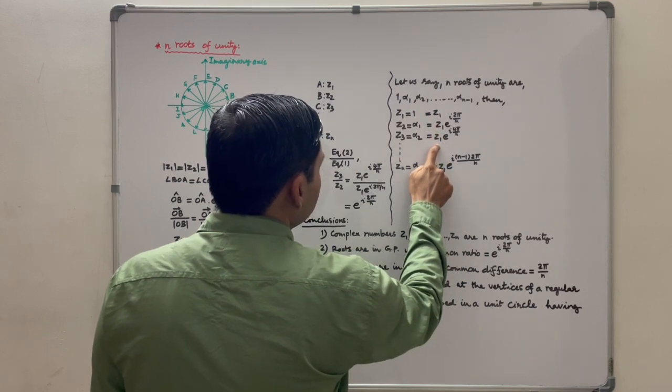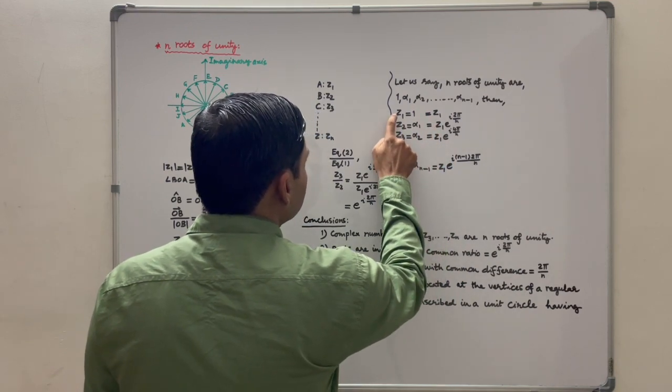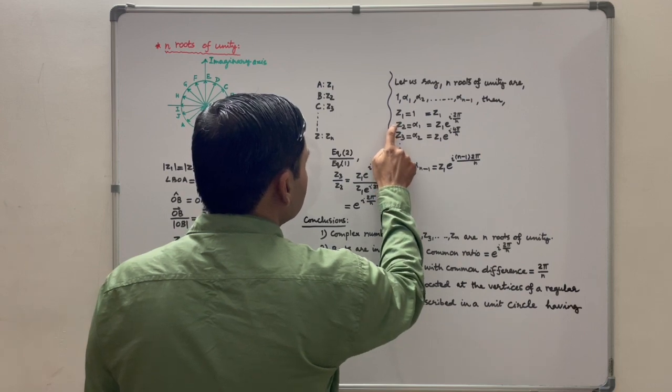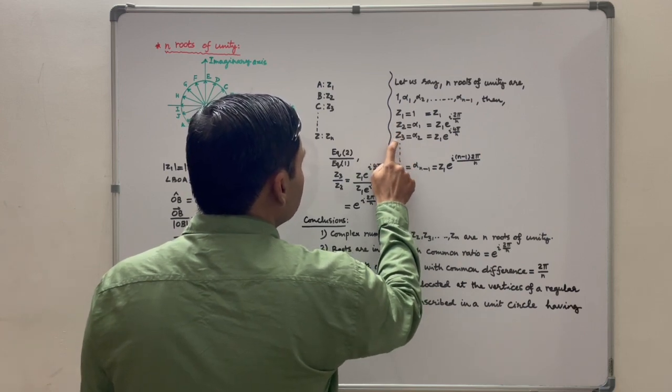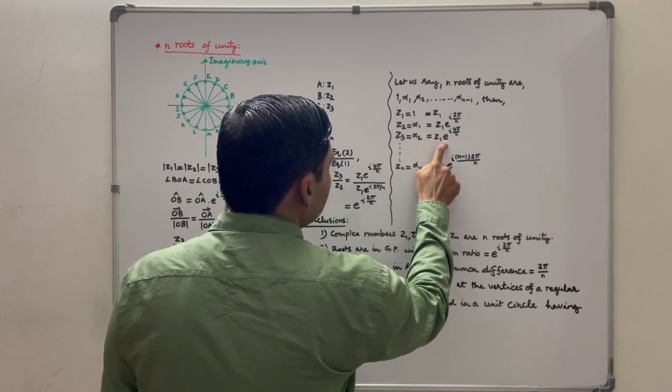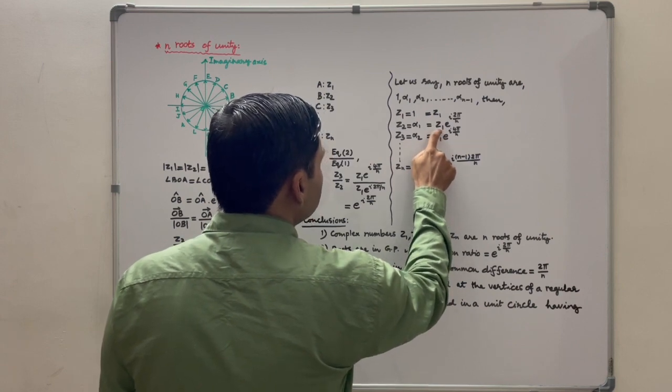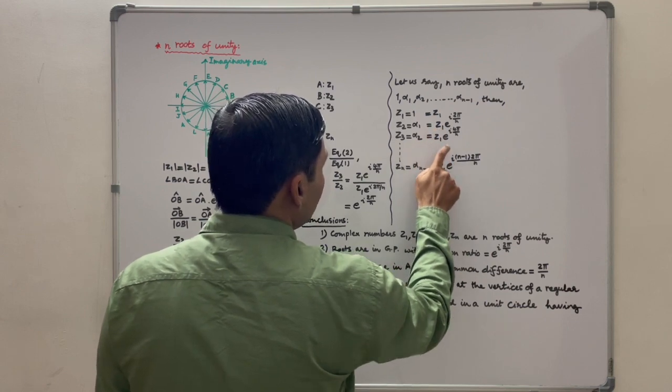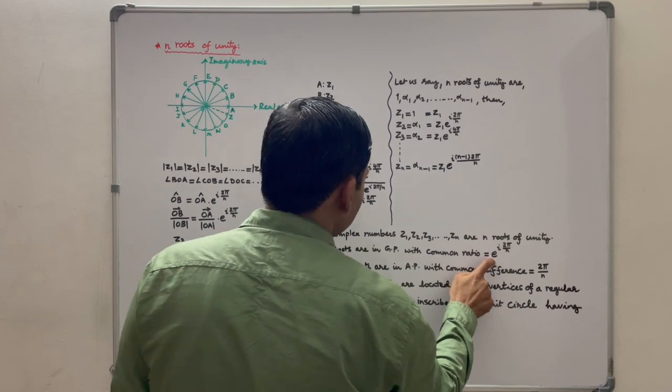We can find common ratio by doing z2 by z1 or z3 by z2. Let us do z3 by z2. So it will be z1 into e to power i 4 pi by n upon z1 into e to power i 2 pi by n. So we will get common ratio r is equal to e to power i 2 pi by n.